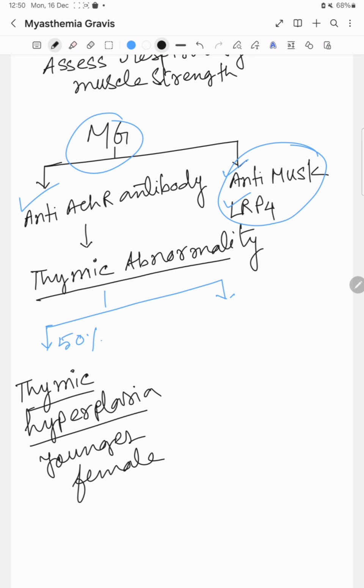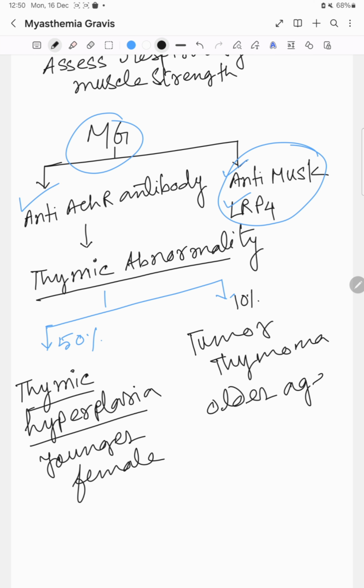And another 10% of people might be affected by tumor. They develop a tumor, so it is thymoma, and it's seen in older people. So this is the diagnosis part of myasthenia gravis.